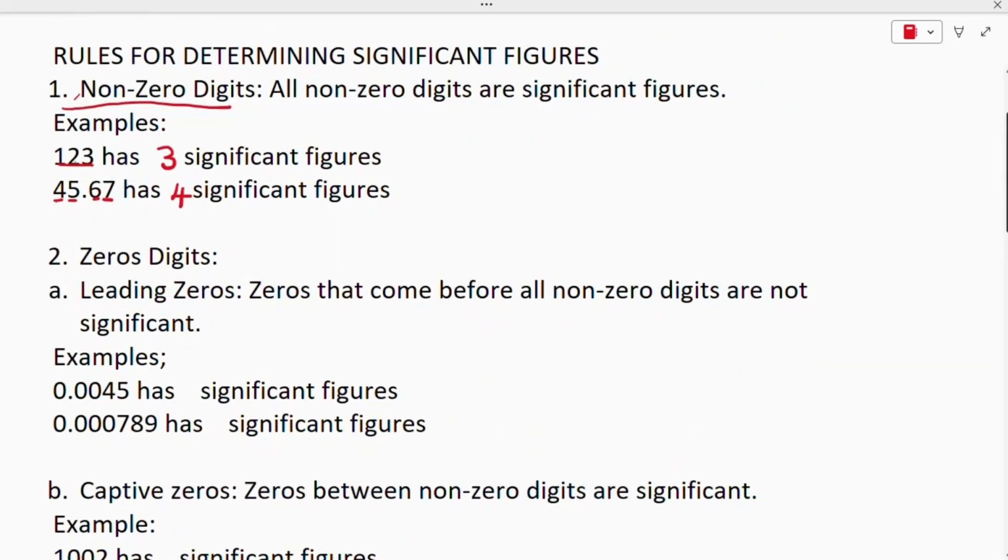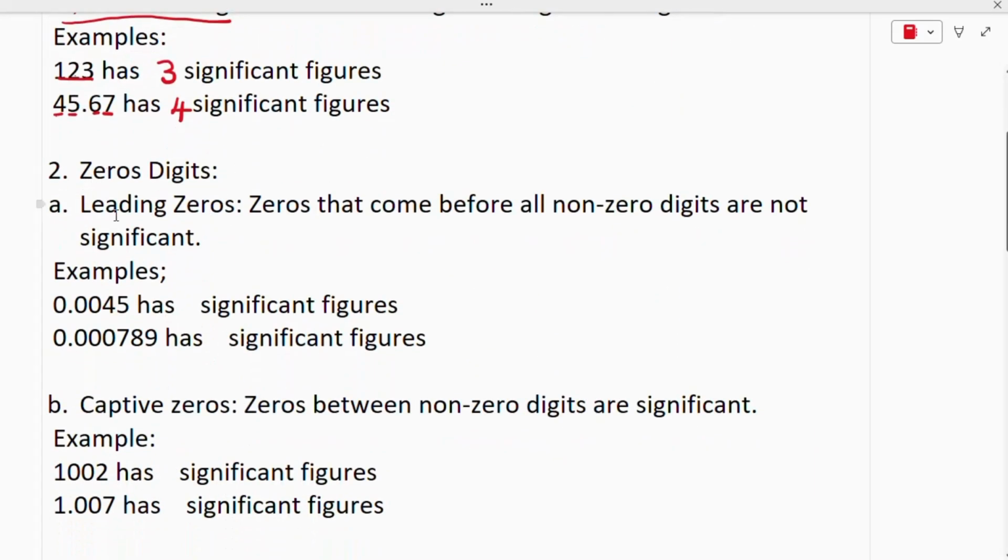Now the second rule right here is zero digits. Under zero digits we have the leading zeros. Zeros that come before all non-zero digits are not significant. We have this number right here, 0.0045.